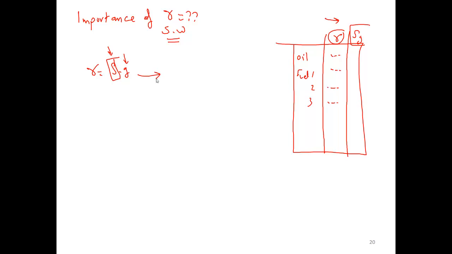And the reason that gamma depends on the temperature is that it has some units, which is kilonewton per meter cubed or pound force per cubic feet. The nice thing about SG, and you will see that in many courses, is that we like to work with dimensionless groups.